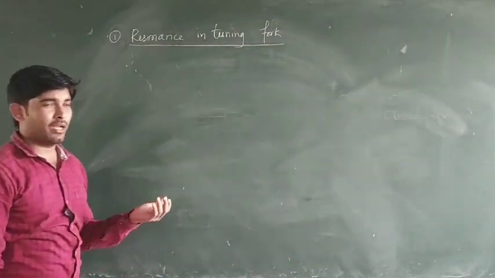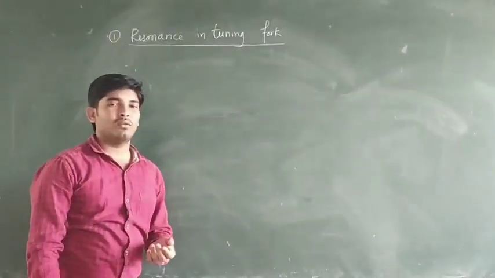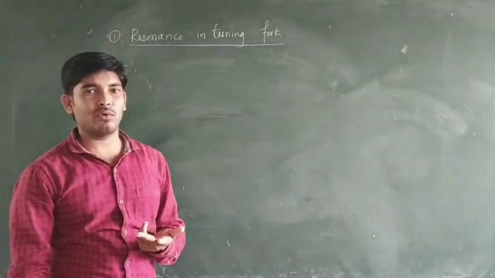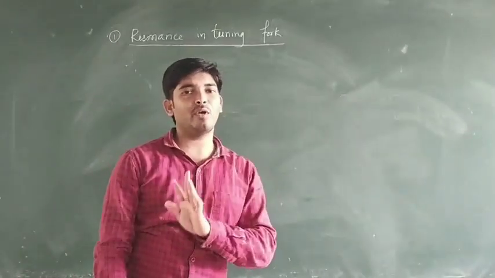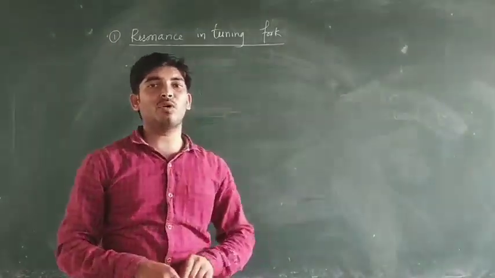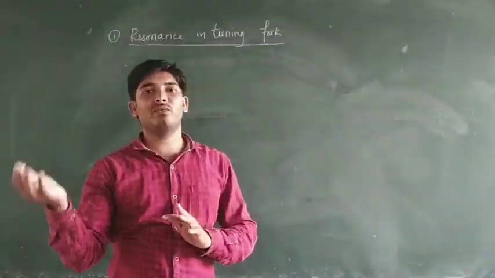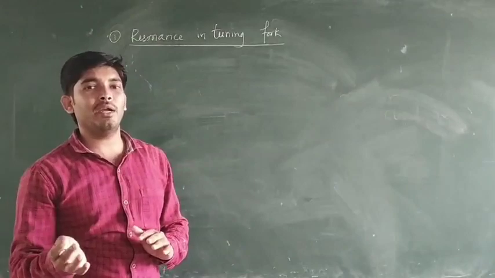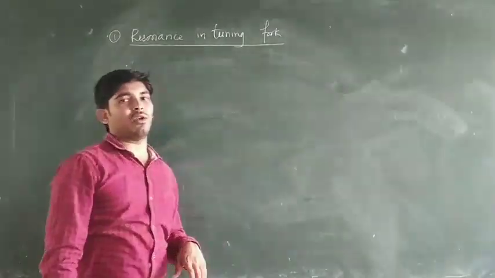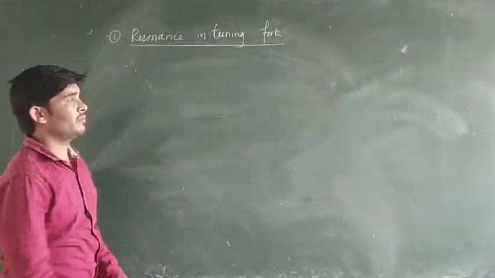As I told you already in the first experiment, when you take two tuning forks of the same frequency kept on their respective sound boxes, when one tuning fork is made to vibrate, the other tuning fork also starts to vibrate under resonance. So that is the first example.